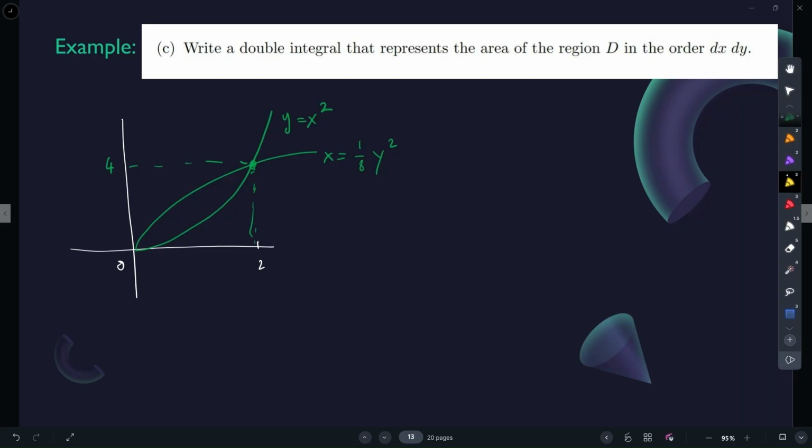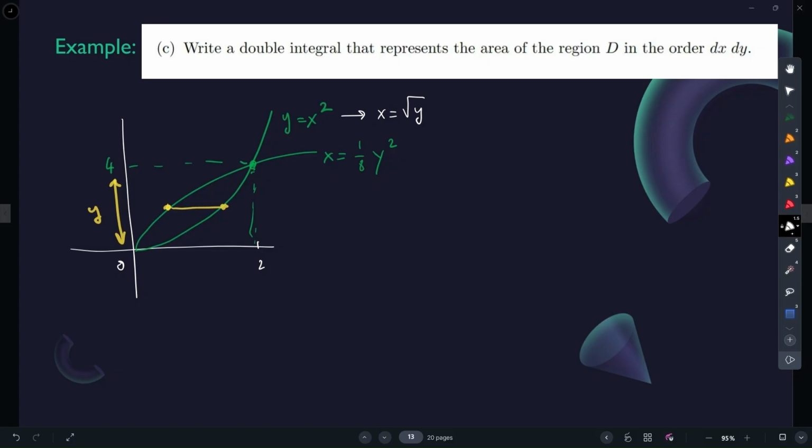So y is moving between 0 and 4, and between two functions, and the x then will go from here to here, moving between this function and this function as functions of y. As a function of y, this one is x is the square root of y.